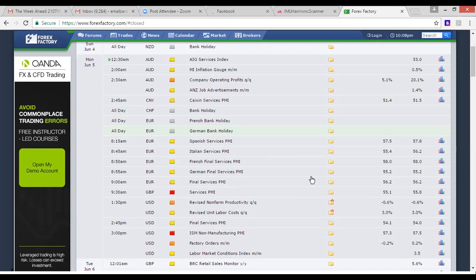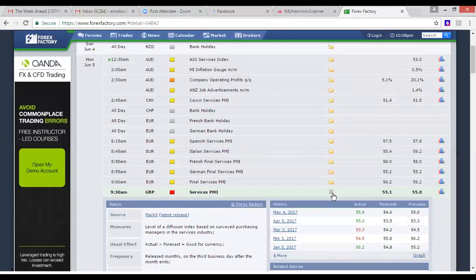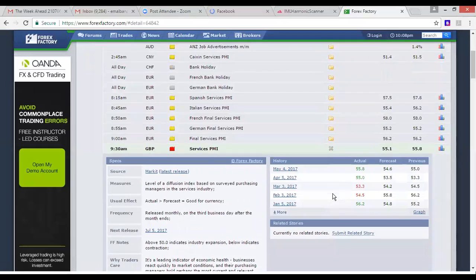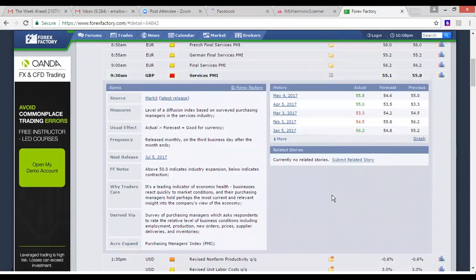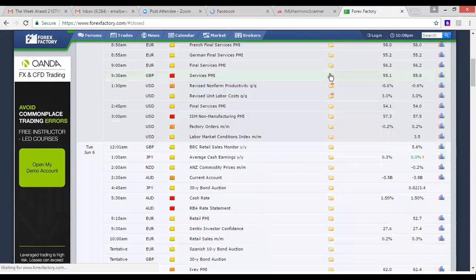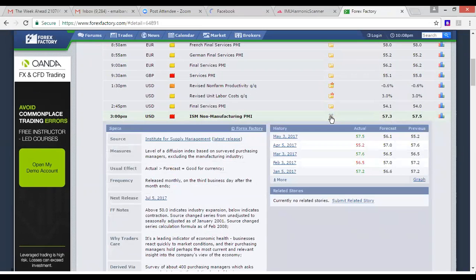That's tomorrow. So we have services PMI, the red folder, UK. Or GDP. Yeah, UK by tomorrow. Tomorrow by 9:30 a.m. we have USD, another red folder.